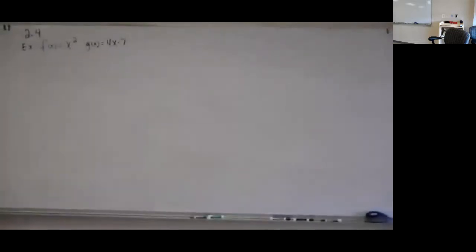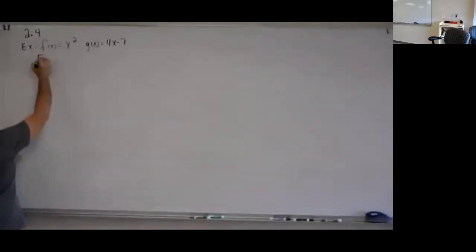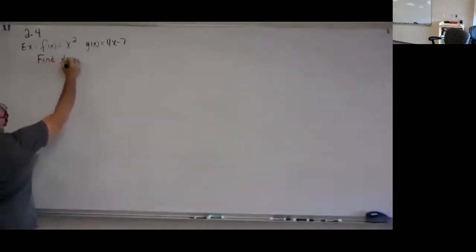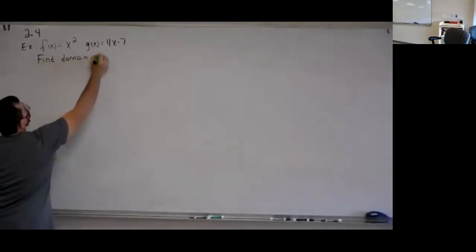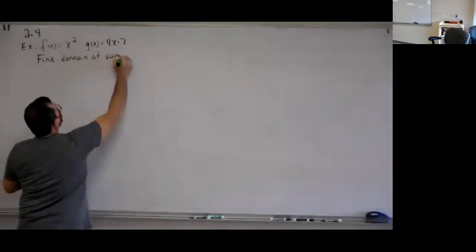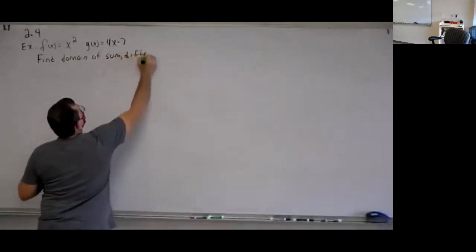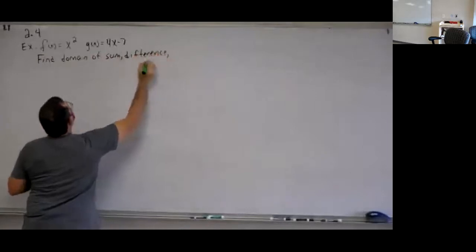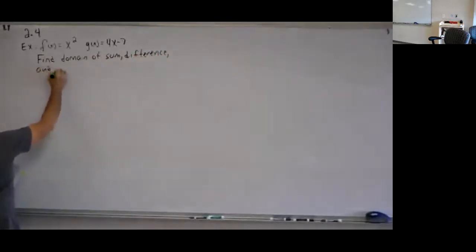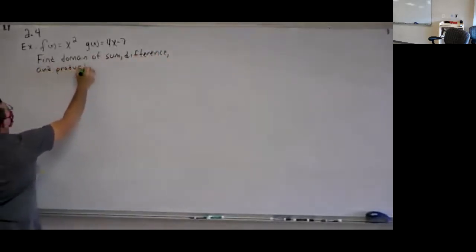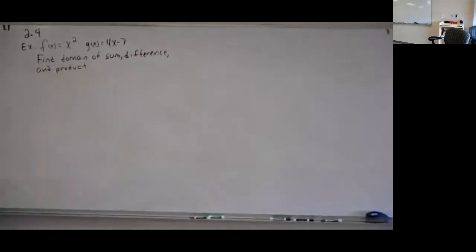So on these problems, they want me to find the domain of the sum, difference and product. And that's all they want me to do, is find domains of these, okay?